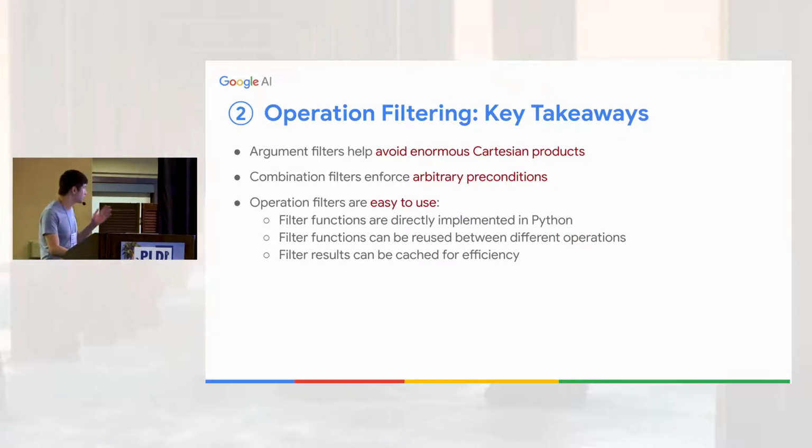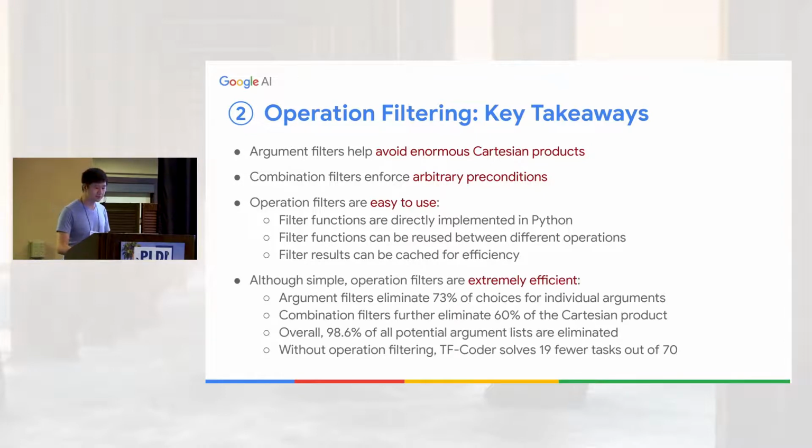They're implemented straightforwardly in Python, and the filter functions can be reused between operations and have their results cached for efficiency. Now, even though this idea is not actually too complicated, it's still extremely efficient. On average, these filters eliminate 98.6% of all potential argument lists for a single operation. And without operation filtering, TF-Coder solves 19 fewer tasks out of 70.